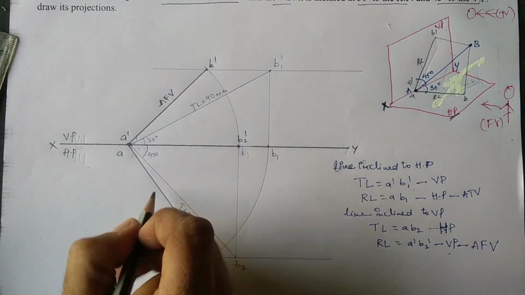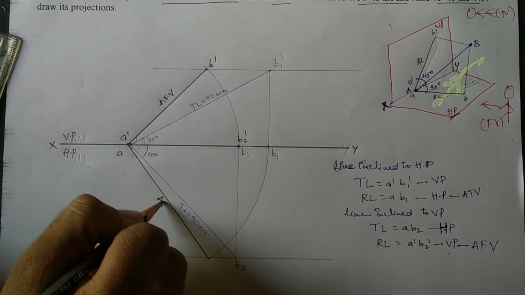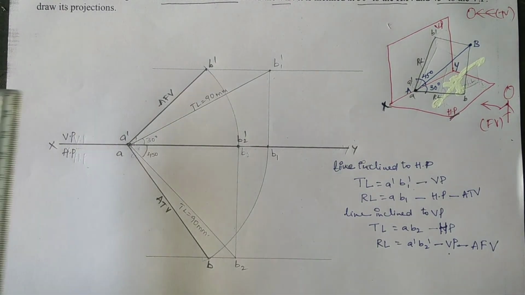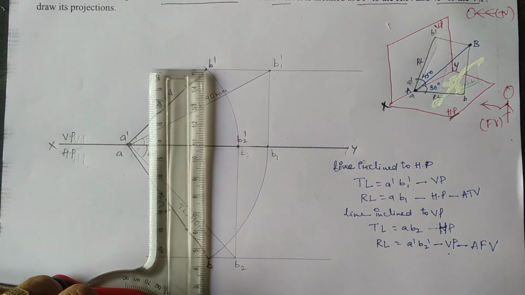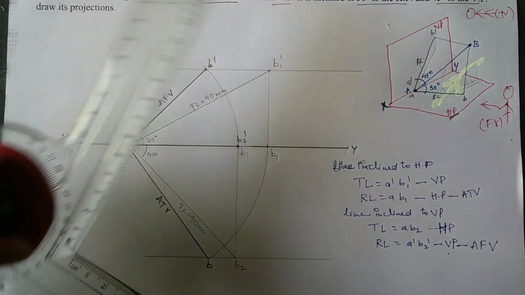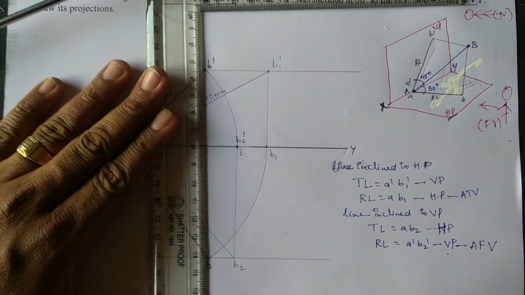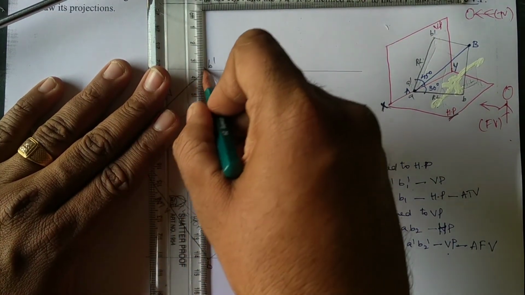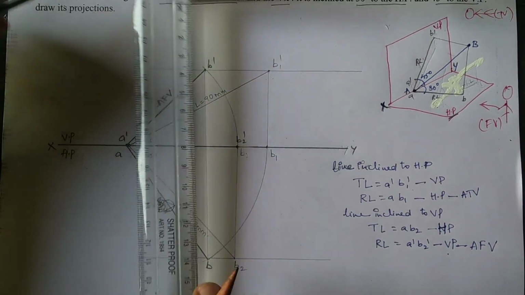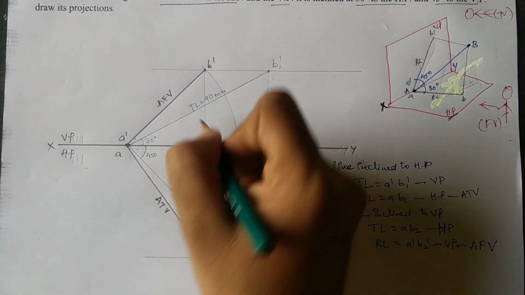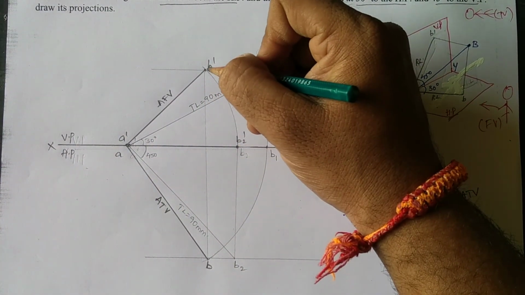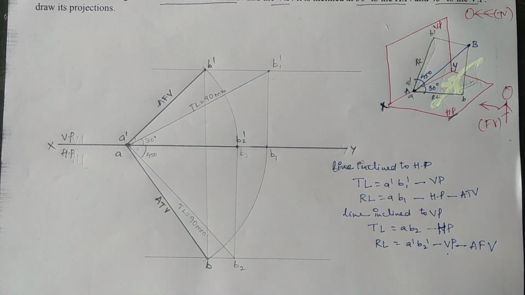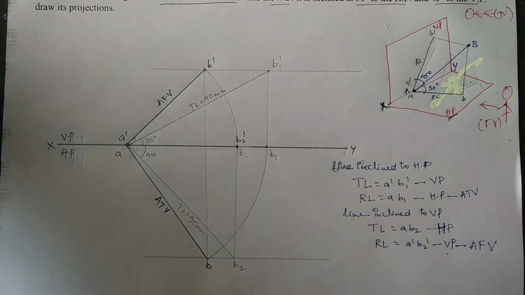This is my actual top view, marking this point as B. If you check, the projections B dash, B are supposed to exist on the same path. So the projectors A dash A and B dash B will be in the same path. So this is what is to be drawn.